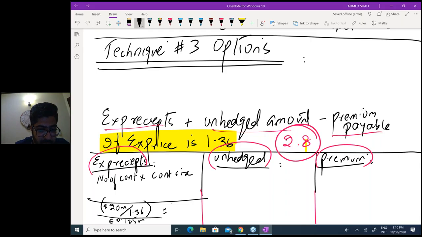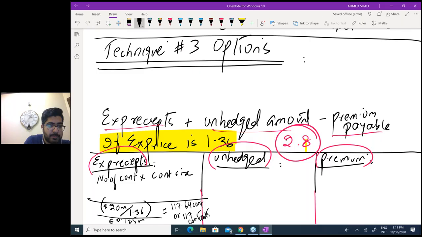So it's 117.64 contracts. Obviously I can't take 117.64, I will take the downside, 117 contracts. So number of contracts are 117 into contract size of 0.125 million euros.